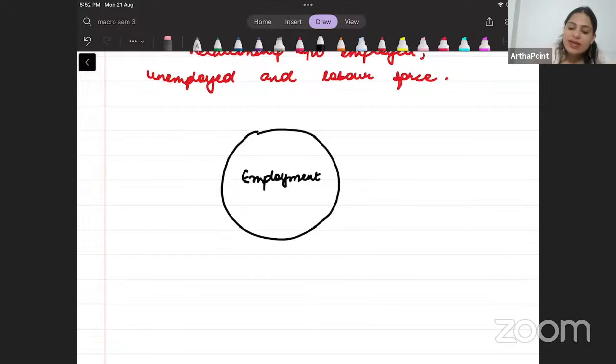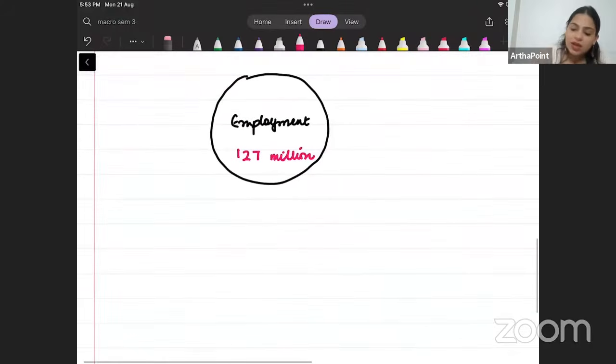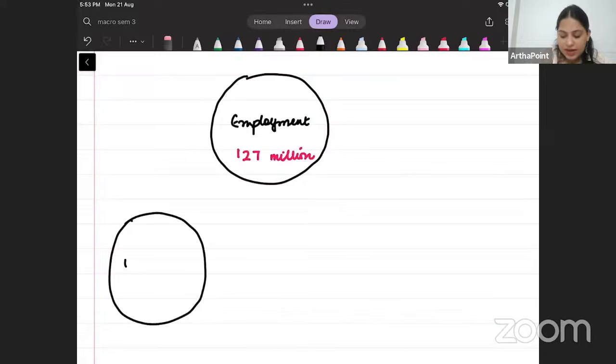And I'm saying that there are 127 million people who are employed. वो लोग जो अभी employed हैं currently, वो 127 million लोग हैं एक country के अंदर. And beta, I am saying that unemployed, there are 7.0 million people who are unemployed.